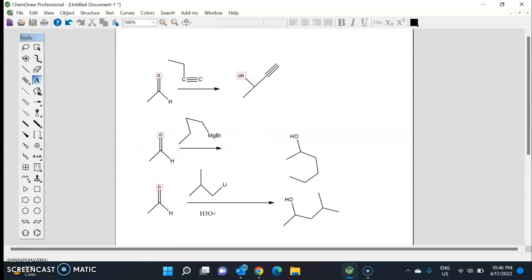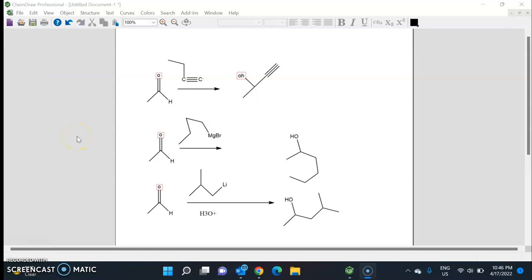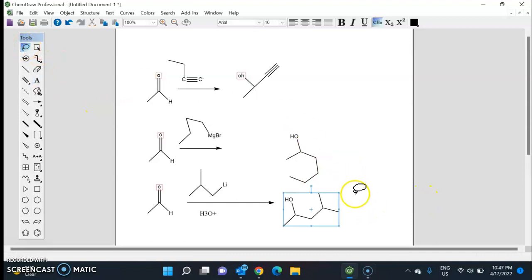Yeah, so, but yeah, I pretty much went through everything. Maybe I didn't go through everything actually. But yeah, that's basically how you can categorize reactions with carbonyl groups.